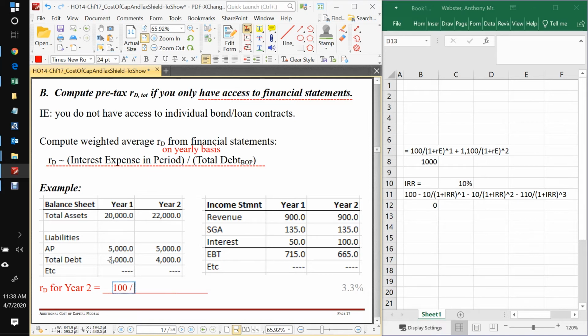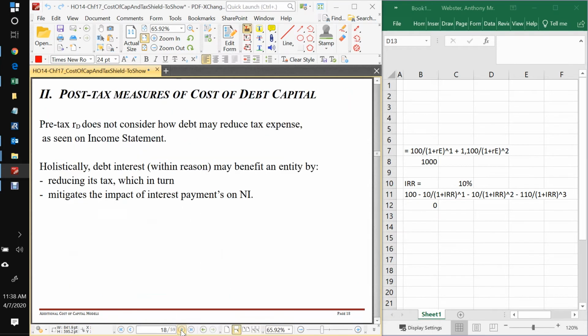So I want the 3,000 here, not the 4,000, because this represents the interest that they paid on the debt they had at the beginning of the year. So I divide that by 3,000, and that's about 3.33%. Again, I'll leave you to work out the numbers there, but that's pretty much what you should get.